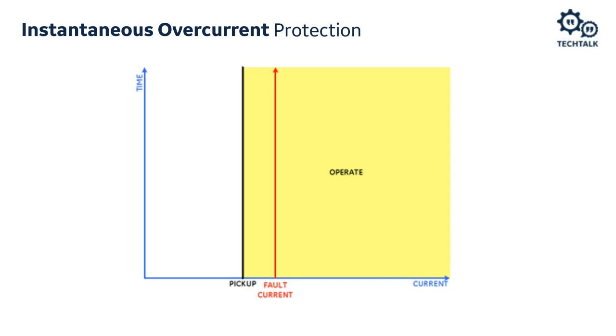So typically, we're doing something like a Fourier transform of the sampled values and turning that into a magnitude that we can run through a comparator. So that magnitude calculation also takes some time. That's about a cycle or so. But with instantaneous, there's no intentional time delay.